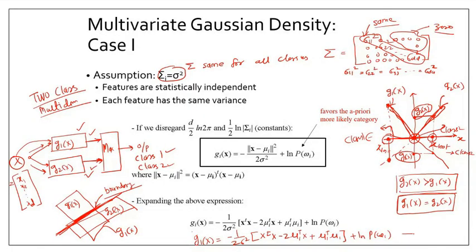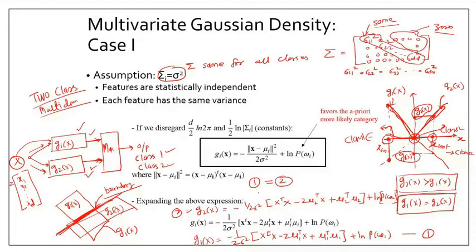You can note down this is equation number 1, and then you have G2(X) again, minus 1 by twice sigma square into (X transpose X minus 2 mu2 transpose X plus mu2 transpose mu2), plus log of probability of omega 2. Okay, so these are two equations. Now if I say equation number 1 is equal to equation number 2, that means G1(X) is equal to G2(X).